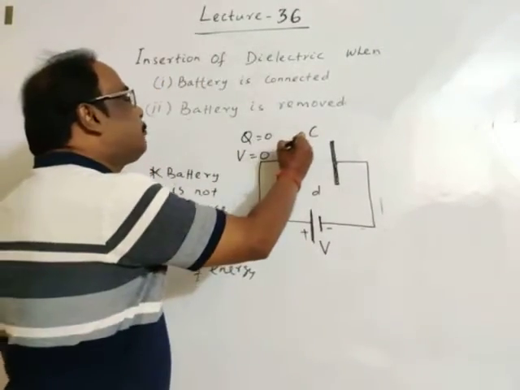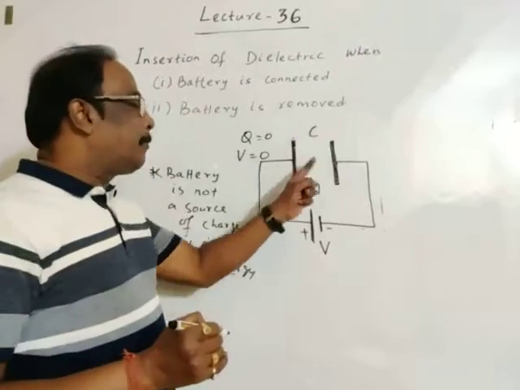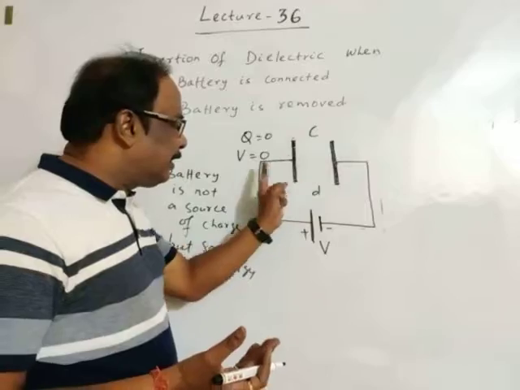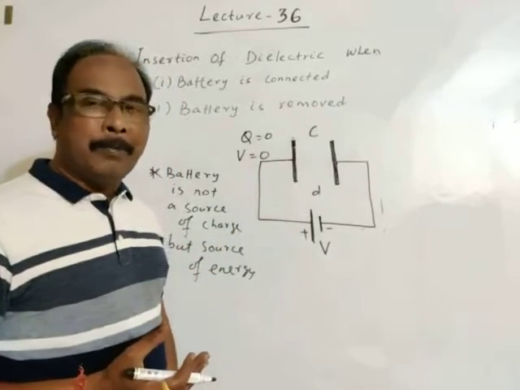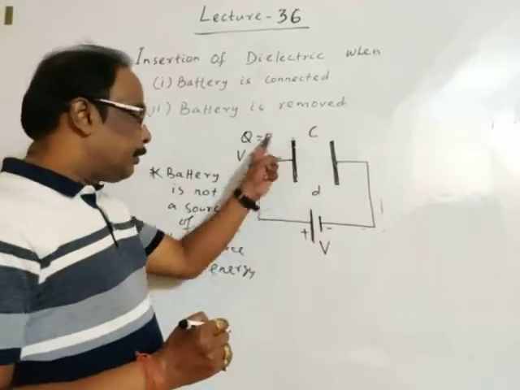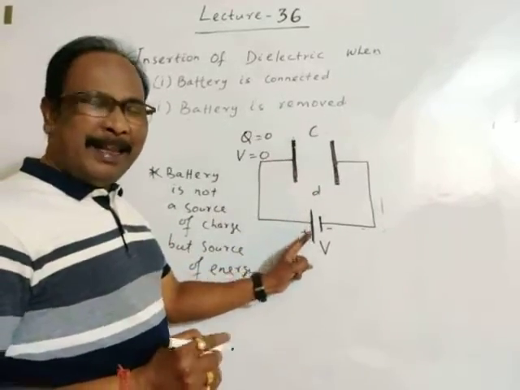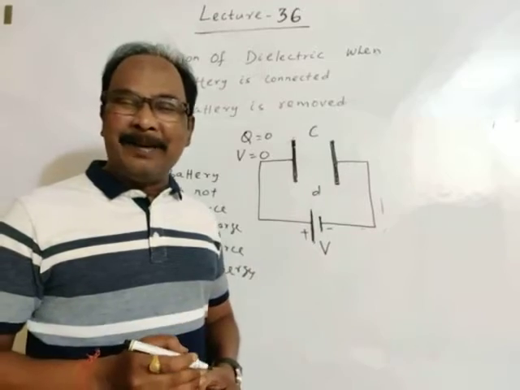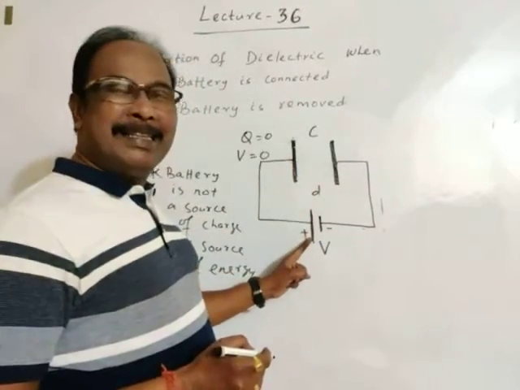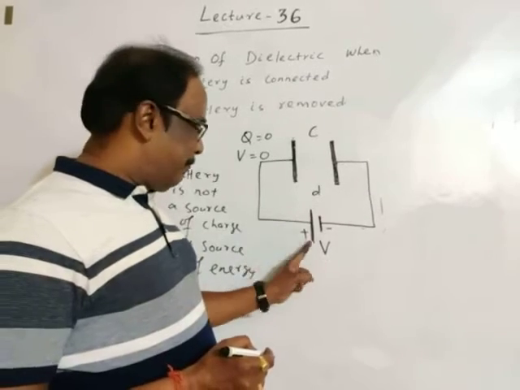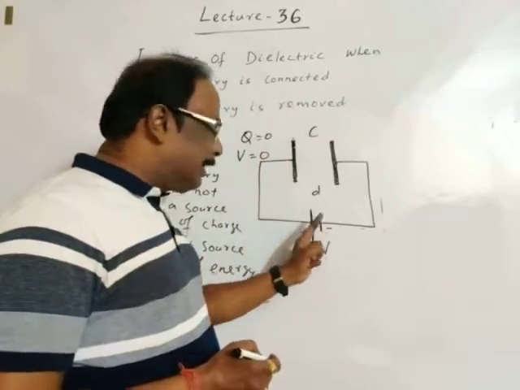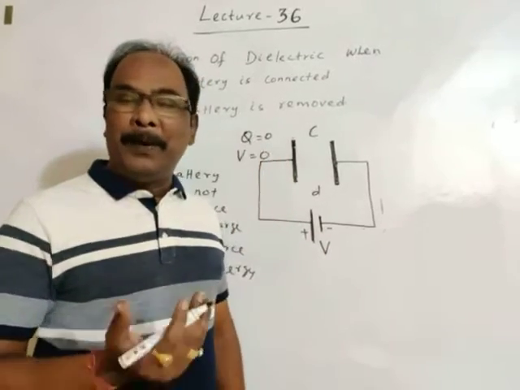This plate is initially uncharged. When the capacitor is connected between the terminals of a battery, what will happen? This uncharged plate is connected to the positive terminal, so its potential is positive.